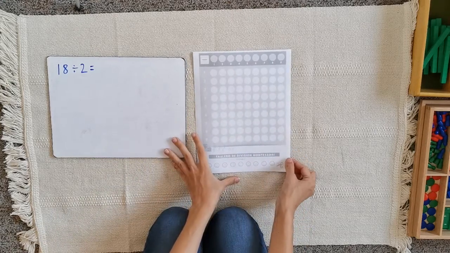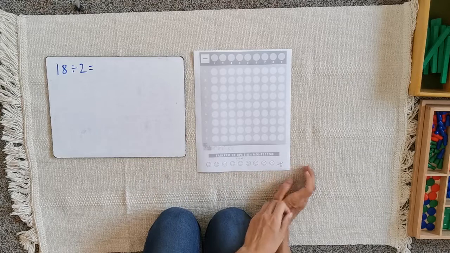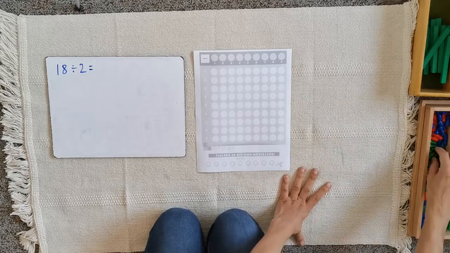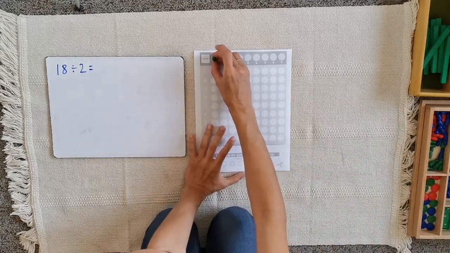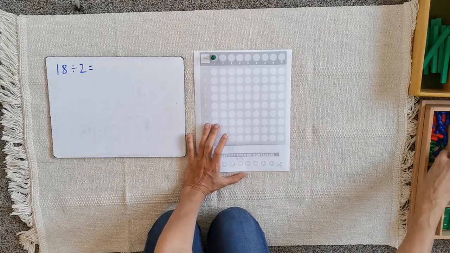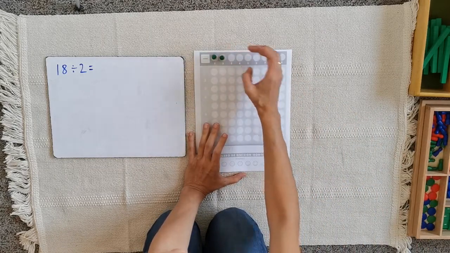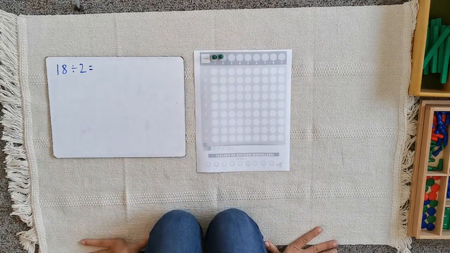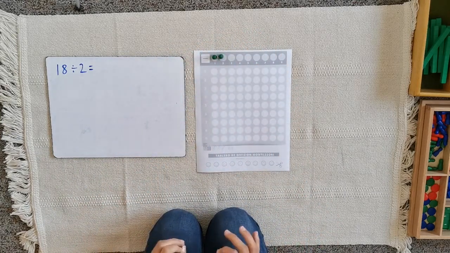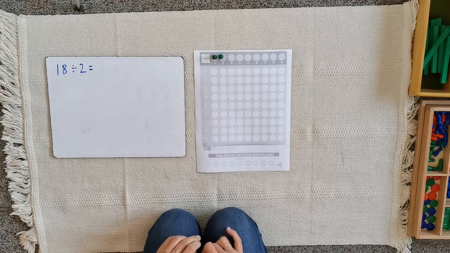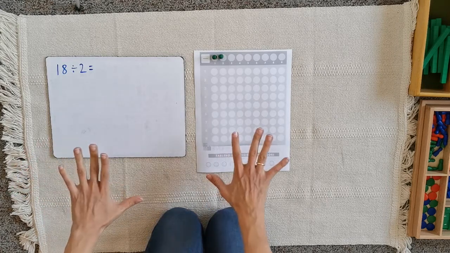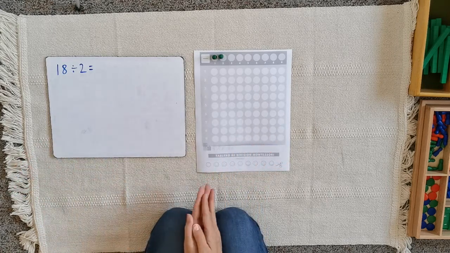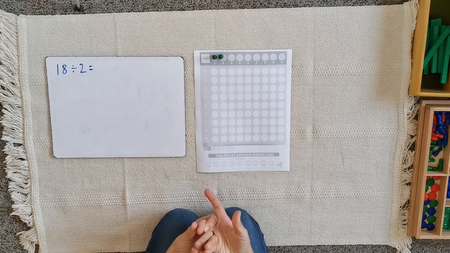Okay, so I need to have the number 18, and I'm going to divide it into 2 equal parts. The first idea is that the parts need to be equal, exactly the same. You cannot have 8 on one side and 10 on the other one. They need to be exactly the same. If not, it's not a division, actually.